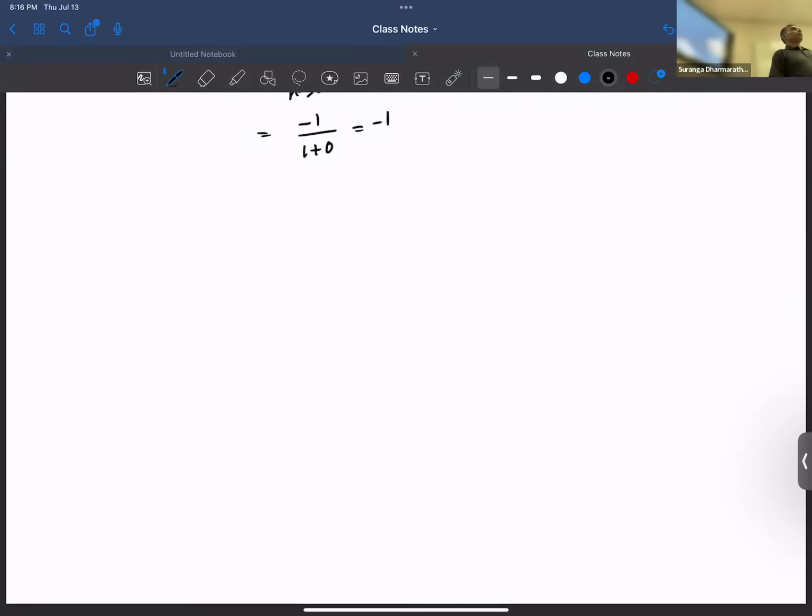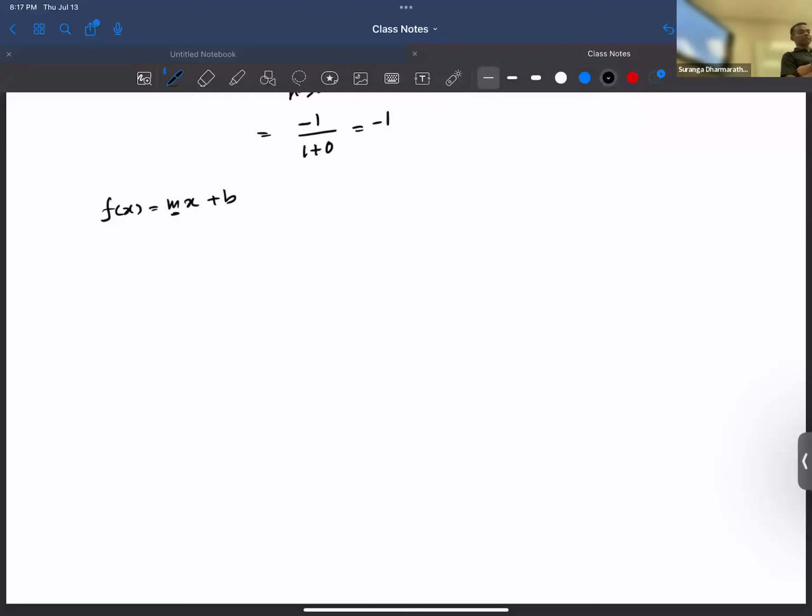Okay. So what if you are given any function f of x which looks like mx plus b? What do you call that function? There's a name for that. This is slope, m is slope, yes.